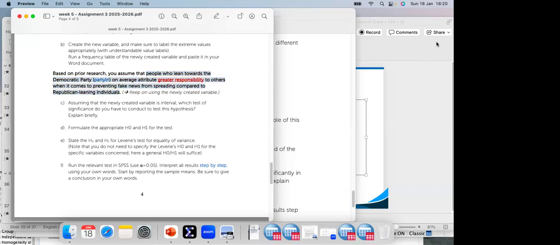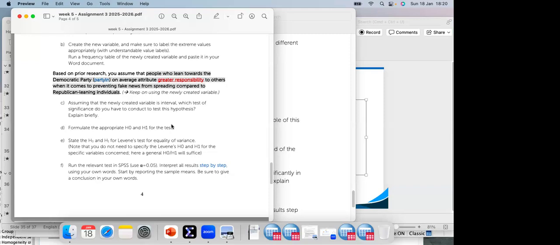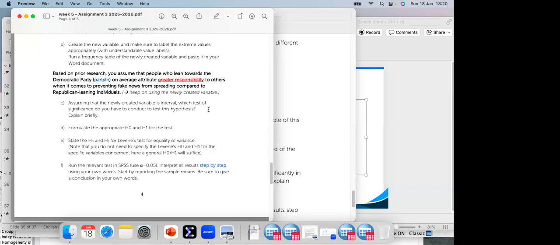I have a question about the C part. Which test of significance would be used here? Logically, since we have the question about the Levene's test in E, we could say it's ANOVA, but if I didn't have that, I'd have no idea how to answer this question.